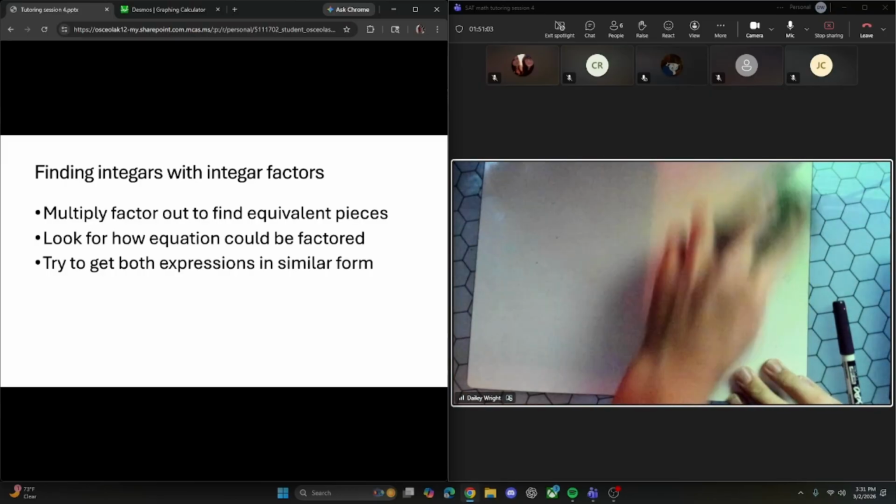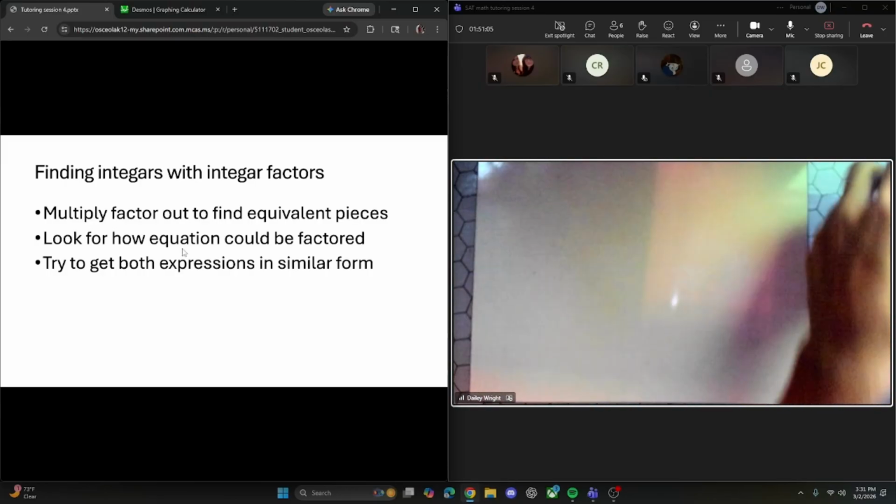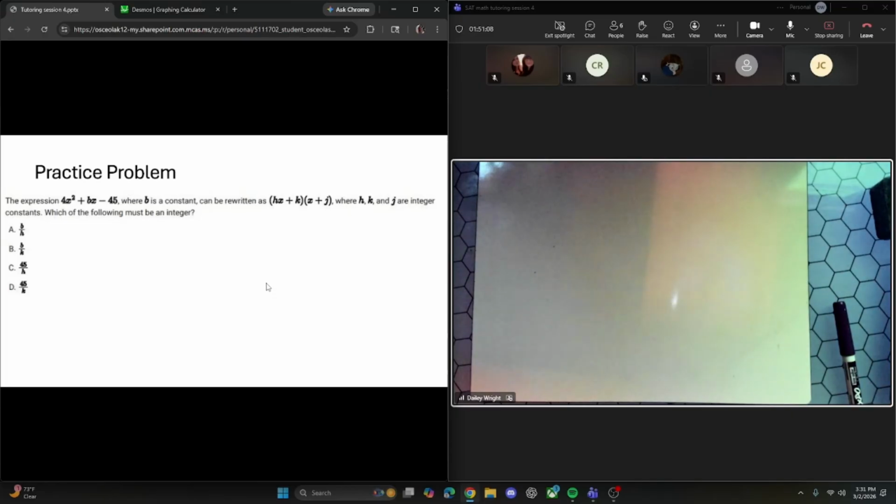Alright, let's try a few of these. The expression 4x squared plus bx minus 45, where b is a constant, can be written as (hx plus k) times (x plus j), where h, k, and j are integer constants. Which of the following must be an integer?